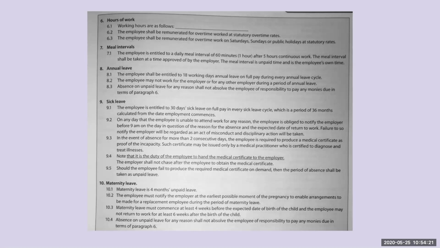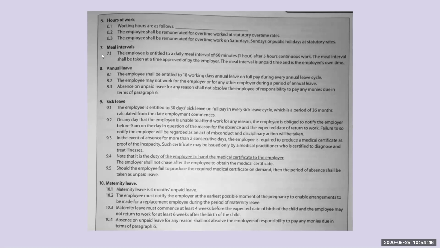If everybody takes their lunch hour at the same time, then the office is going to be empty at a certain time. And that won't work if any clients come in. So it will be according to an approved time by the employer. So say, for example, I will take my meal interval at 12 o'clock and you will take your meal hour at 1 o'clock. That way there's always someone in the office.